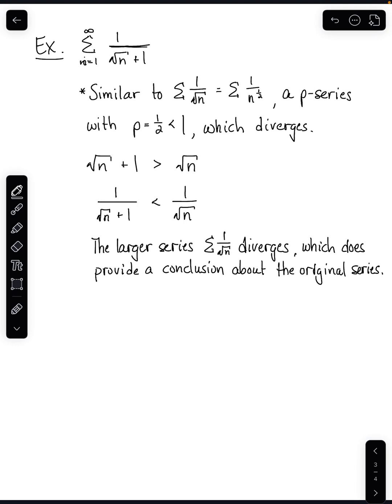However, we might choose to use something else. This is also less obviously similar to the harmonic series, a p-series with p equals 1 that diverges.